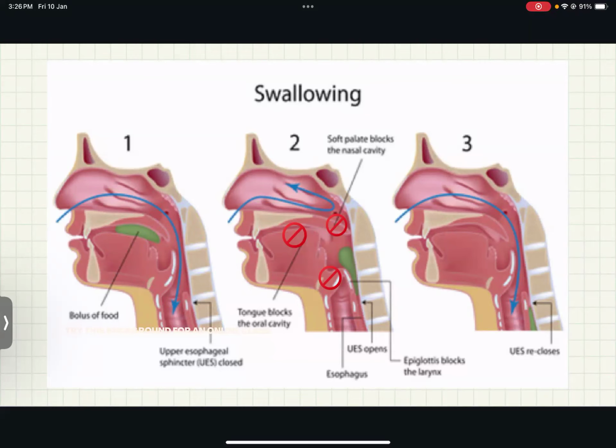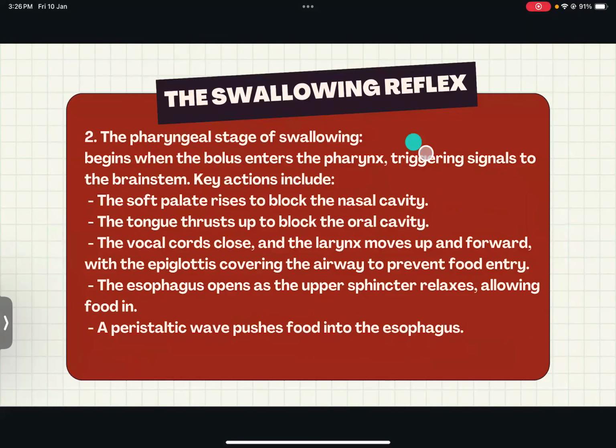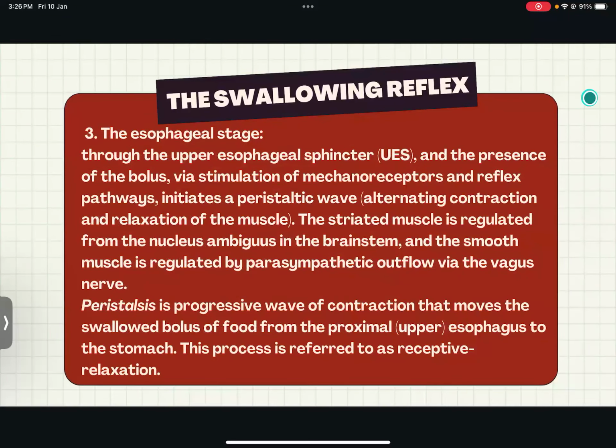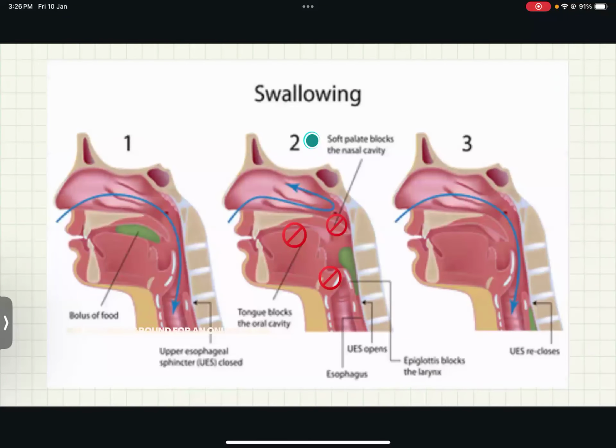The first phase is the voluntary oral. The second phase is the pharyngeal stage of swallowing. Third is the esophageal. So for the pharyngeal stage, just memorize how everything's getting blocked here.